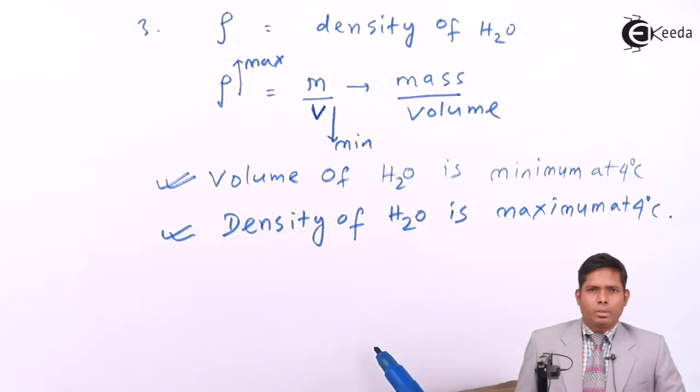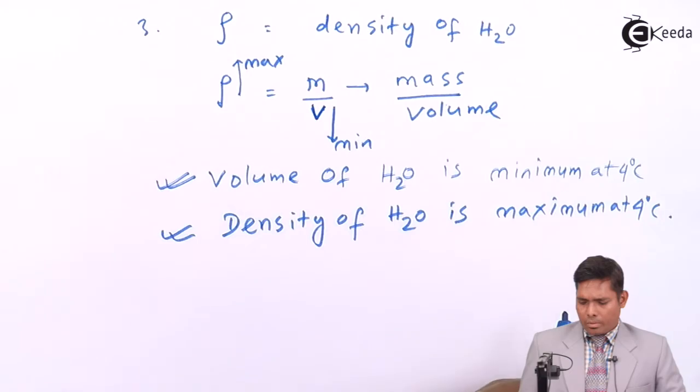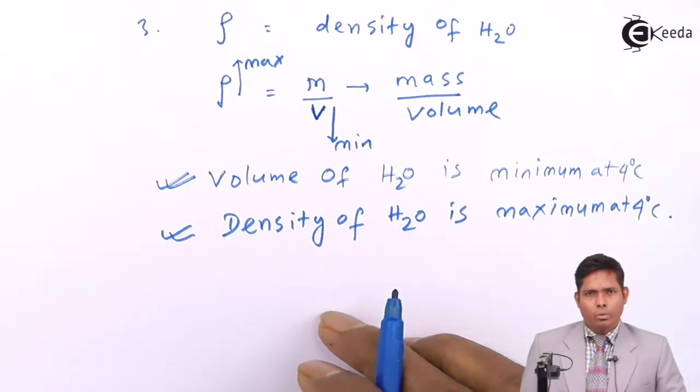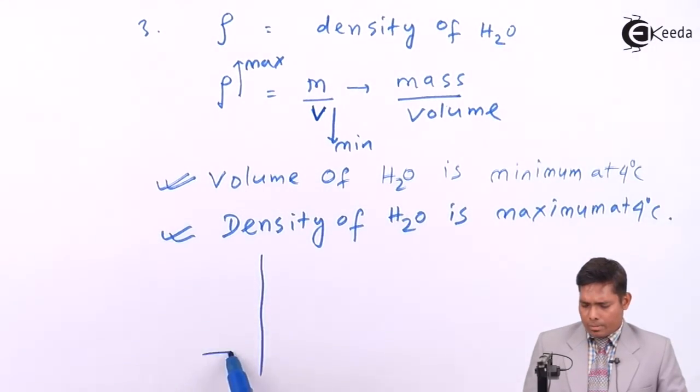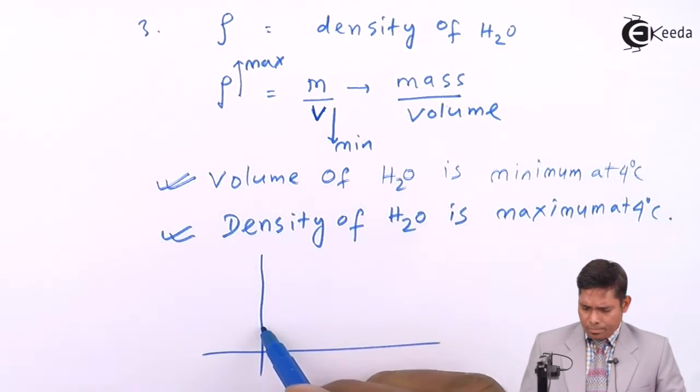If I have a graph of volume versus temperature, we will have the minimum volume at 4 degrees centigrade. So I will have a graph something like this.